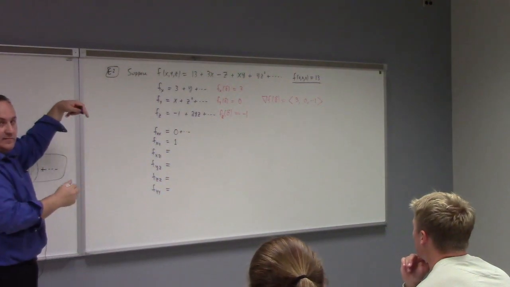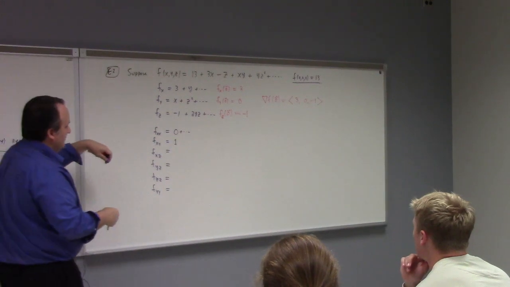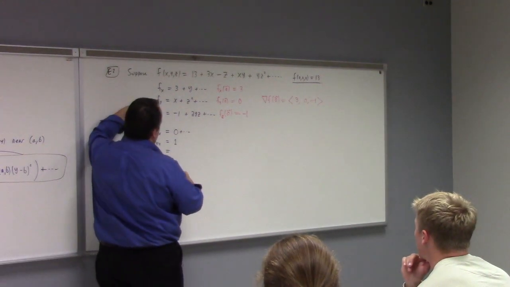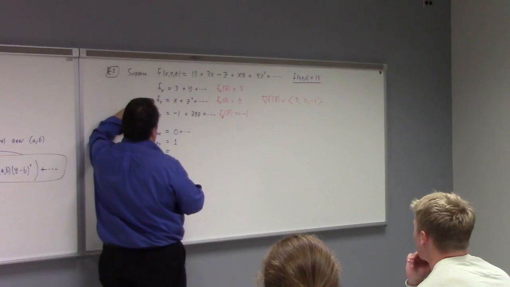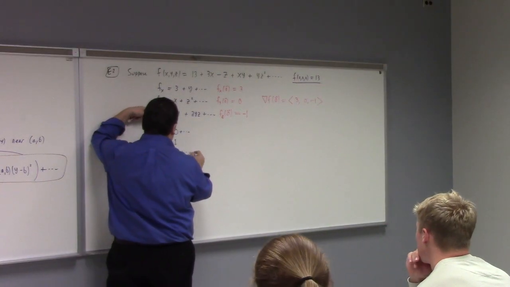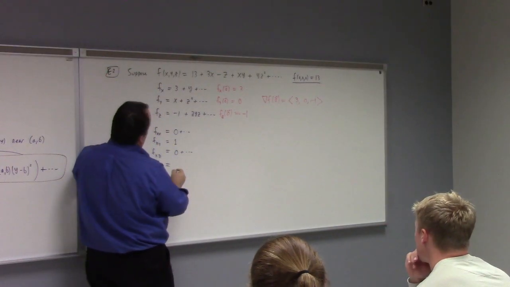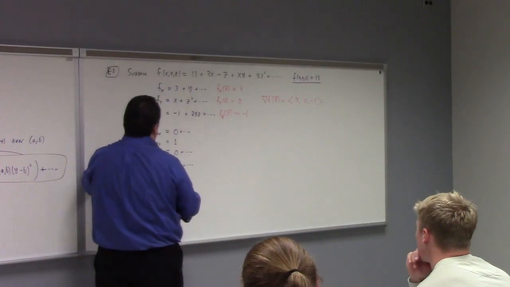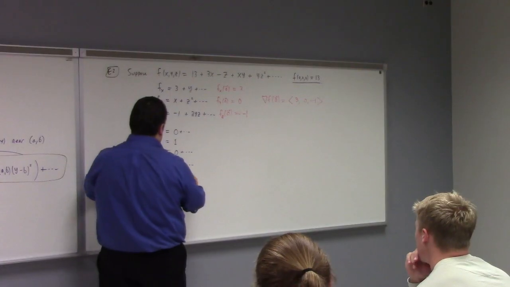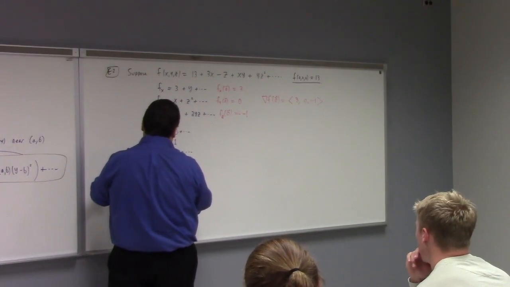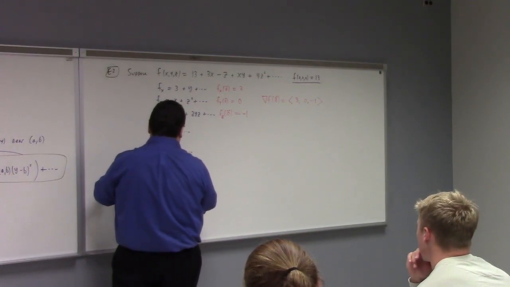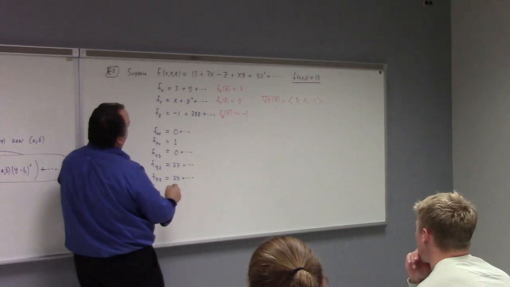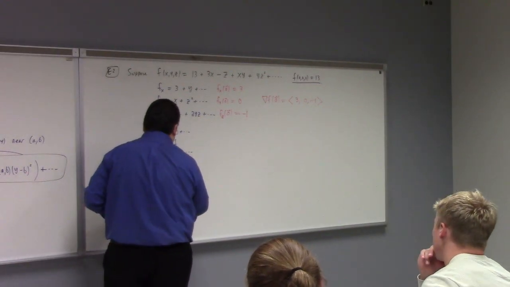Remember the Clairaut theorem, the partial derivatives commute? xz, 0, right? yz, looks like we got a 2z there. zz, looks like we got a 2y there. yy, 0, all right.